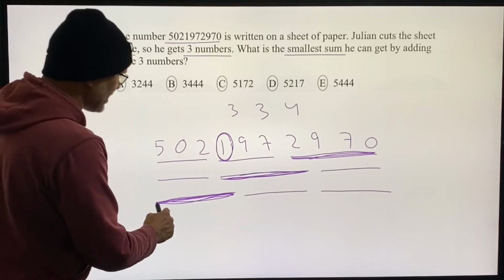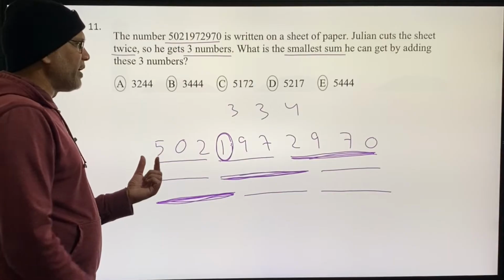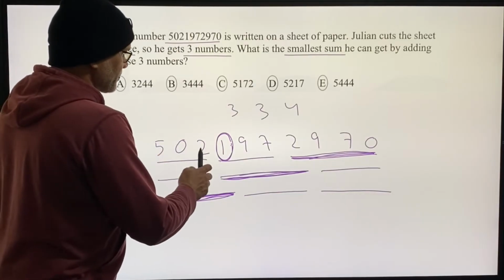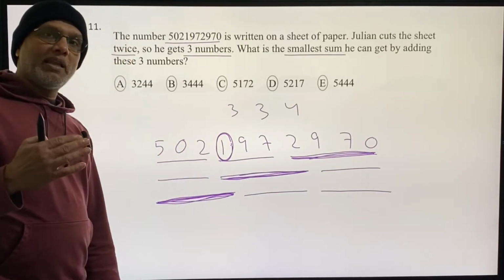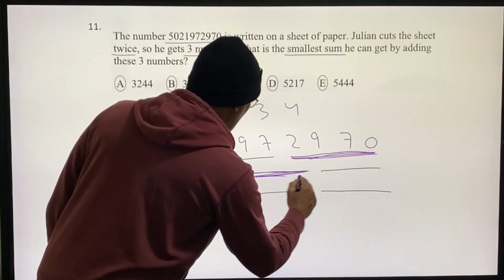So if I have this as a 4-digit number, 5 will be at the leftmost digit, and this is definitely going to be more than if I had 1 as the leftmost digit, right? So this has to be the 4-digit number, right?